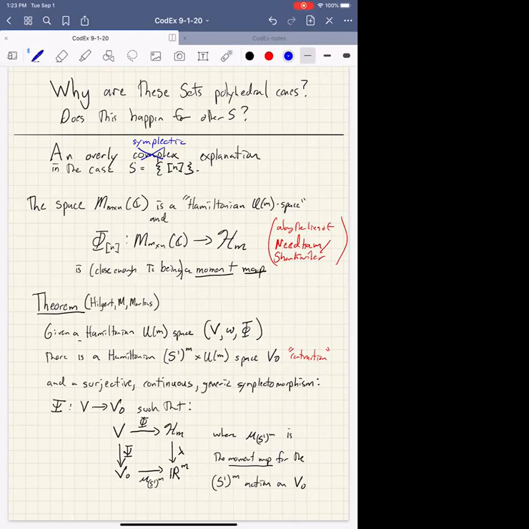And the action on the M by N matrices by UM ends up being one of these Hamiltonian actions. And that means that there is a nice symplectic form on the space of M by N matrices. That form is preserved by the action of UM. And it comes equipped with a map to the Hermitian matrices, which is closely related to this frame operator that came up earlier. And it's called a moment map.